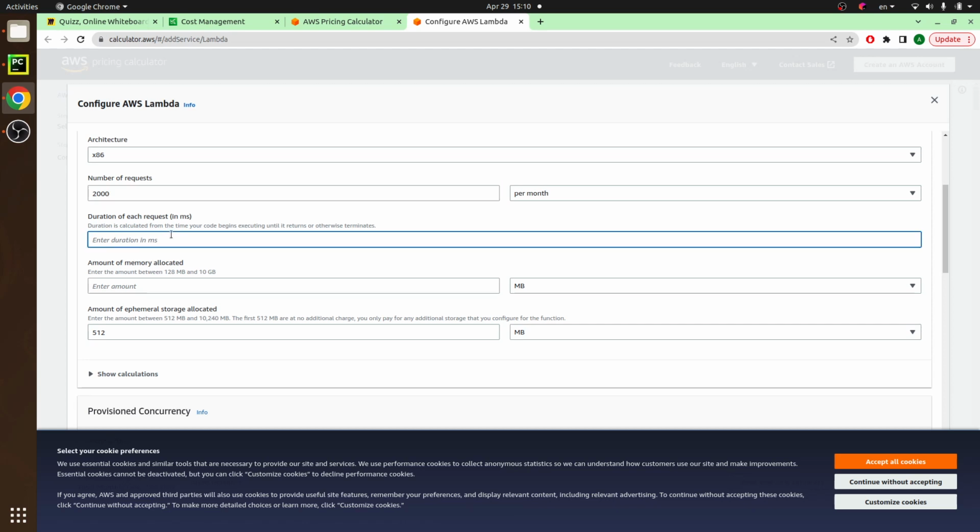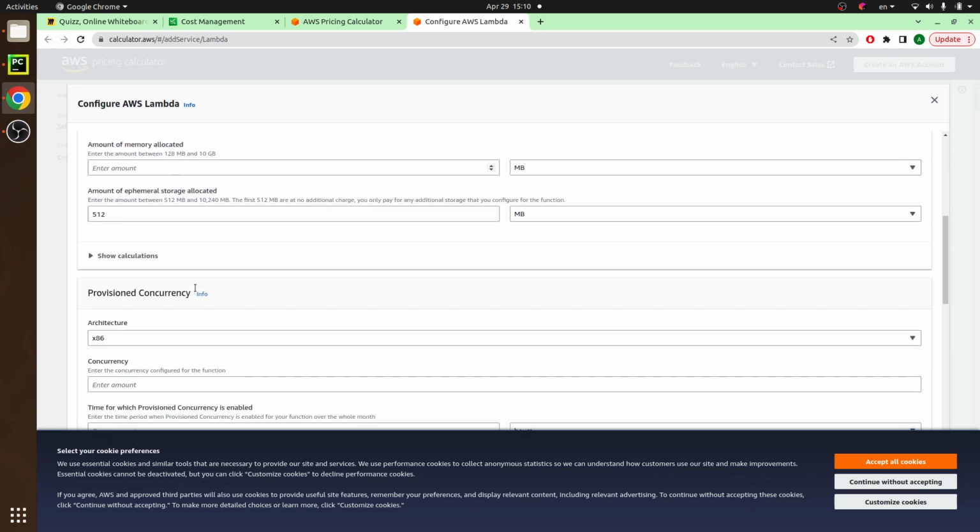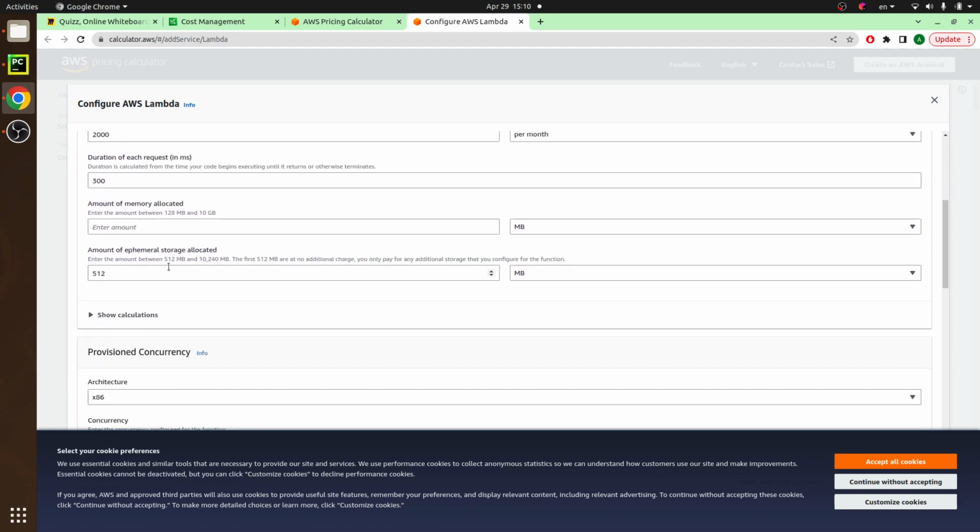And the duration in milliseconds, I haven't explored the duration, but I believe that's something about 500 milliseconds per request. And most of this time, the Lambda is just starting. If it's warmed up already, this time could be half of this amount. So maybe 500 is an upper estimate. We'll check it later, but let's check if each request is 300 milliseconds.